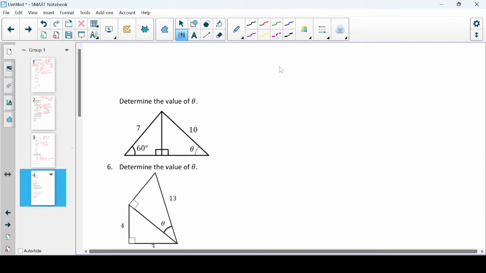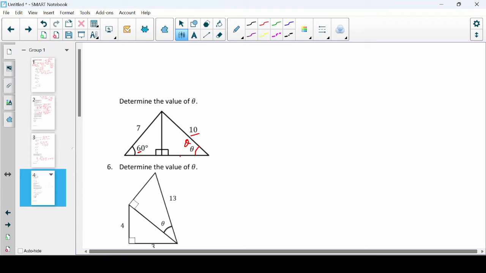So here in this question, determine the value of theta. So we have to find this angle theta, and to find theta, we at least need two sides, right? So one side is given to us, the other two sides are not given. So we can always find the other side with the help of the other triangle which is here, right?